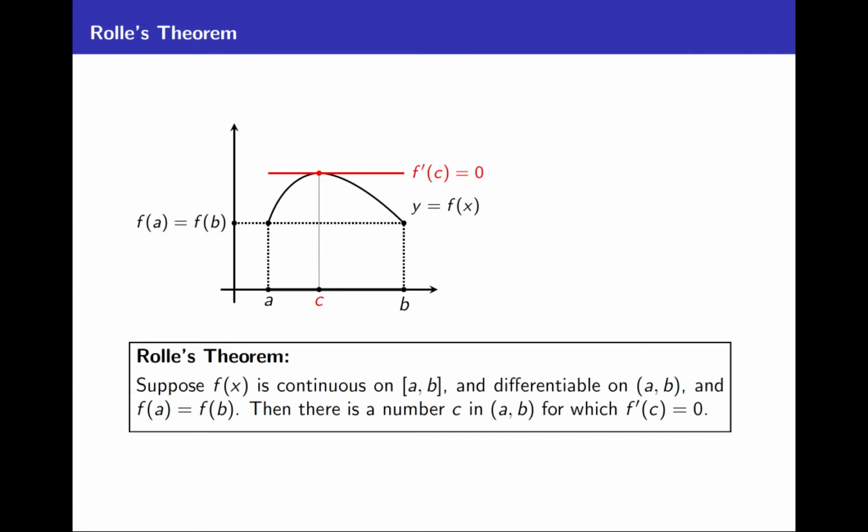And you can see why Rolle's theorem is true. You've got a continuous function on a closed interval, so you know it has an absolute maximum or a minimum occurring at some point c. And so at c, either the derivative is 0 or it's undefined. But this function is differentiable on the open interval from a to b, so the derivative there can't be undefined.